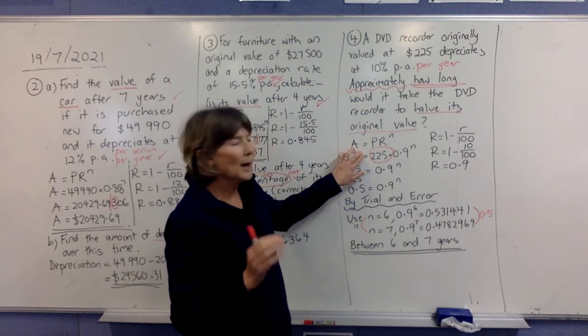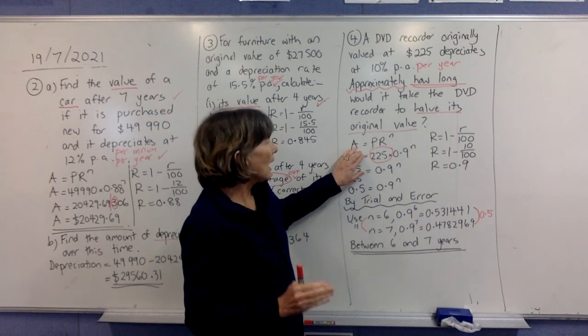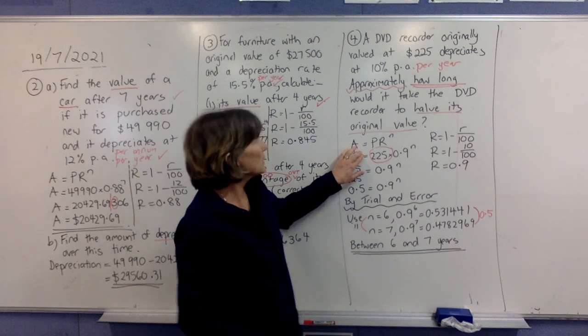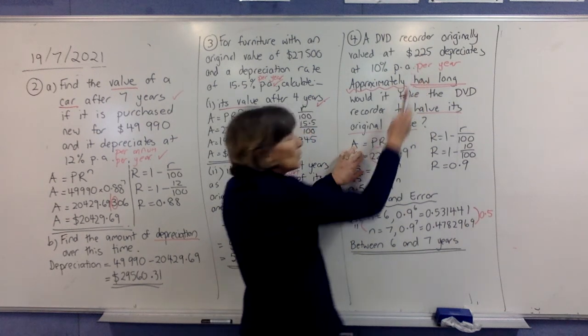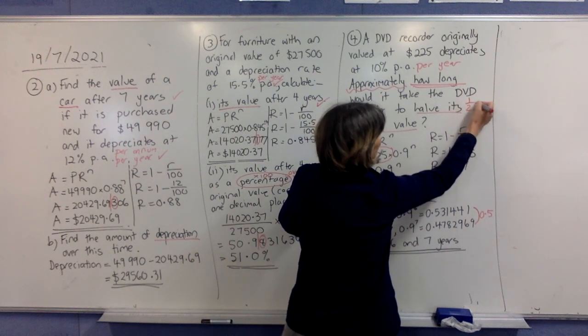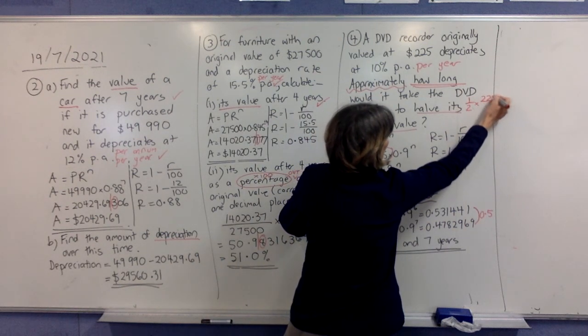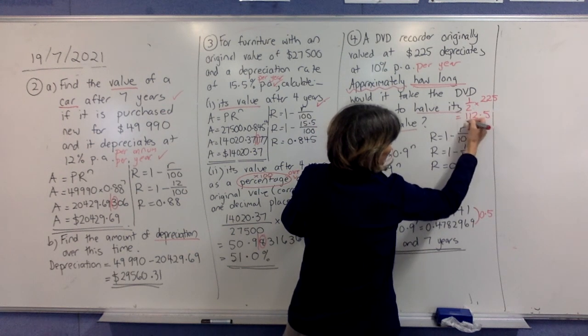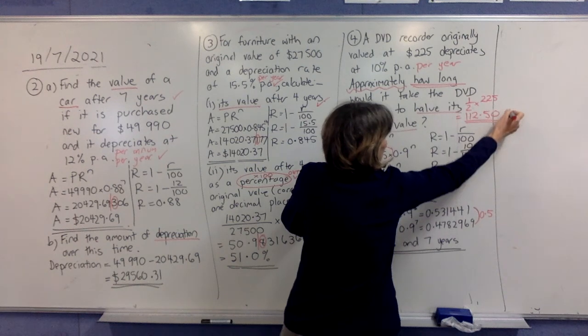Now, you are now halving the original value to get its current value, right? So if it was originally $225, then we are going to halve 225 to get 112.50, right?